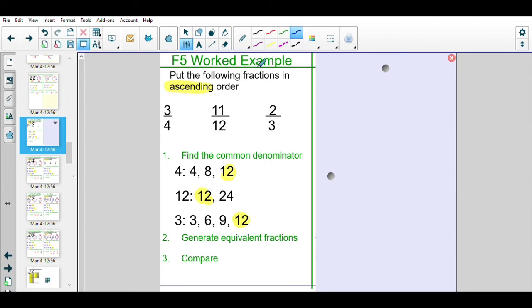When I found my common denominator, I'm going to generate equivalent fractions by writing the denominator for all those fractions. And as you've learned in F1, you just need to make the equivalent fractions.